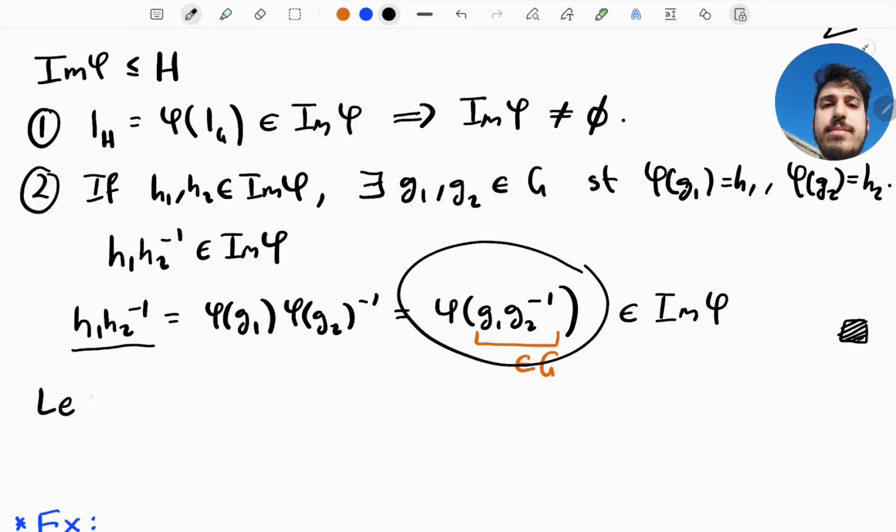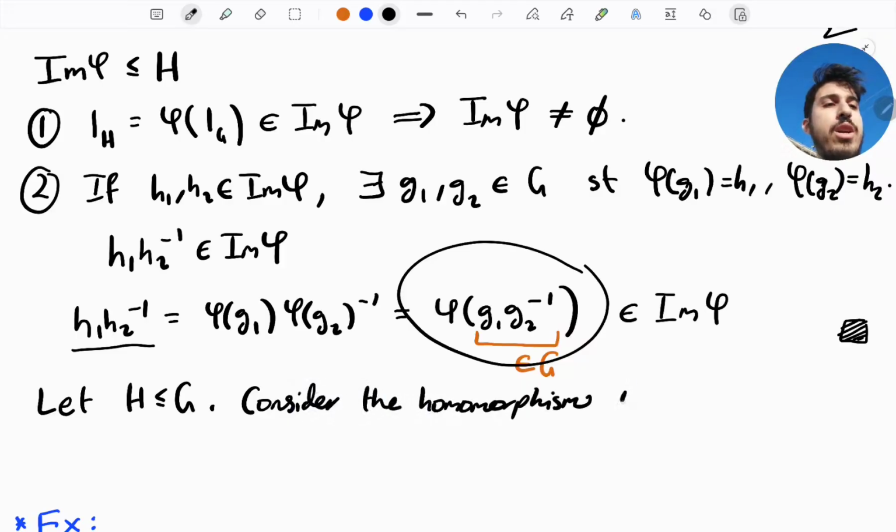So let H be a subgroup of G. Let that be a supposed property, and consider the inclusion homomorphism. So inclusion is nothing but the identity map, but into a set that is larger than the domain itself.